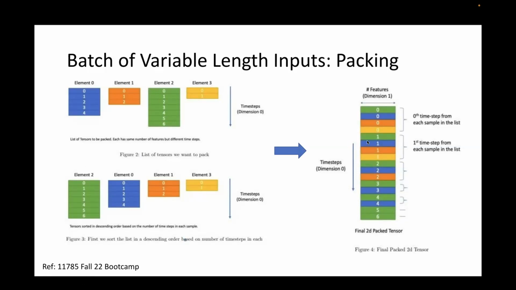So packing is basically helping you create a rectangular kind of input which you would want to pass to your model. You see that without padding itself, you're able to create that rectangular input for your model.